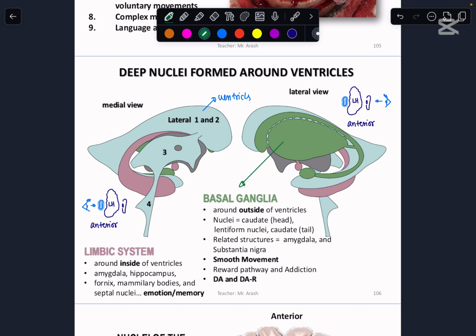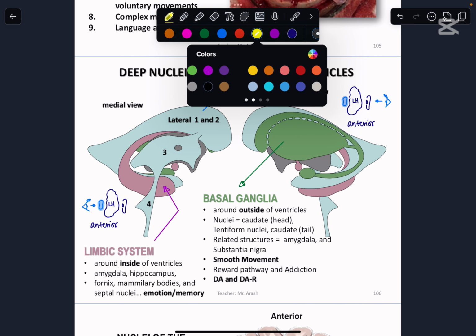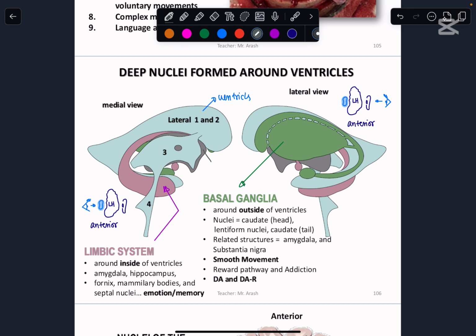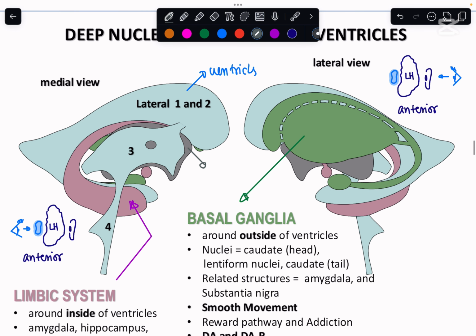Anything in purple is your limbic system, which includes this little thing here and this thing here. And finally, the gray area is your thalamus.